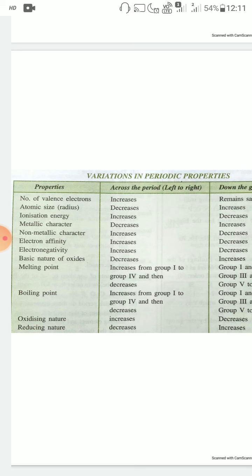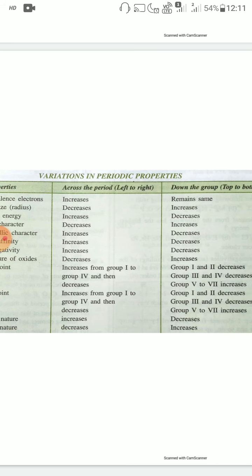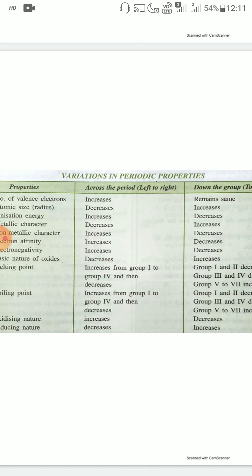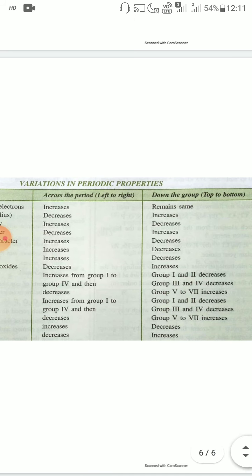Oxidizing nature increases across the period and decreases down the group. Reducing nature decreases across the period and increases down the group.